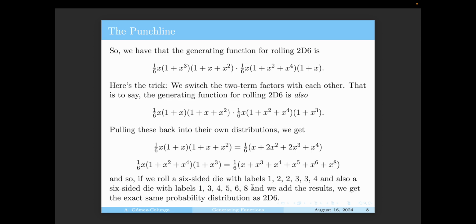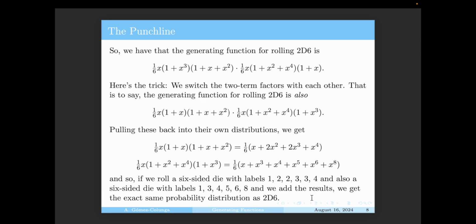And so, here is the punchline I promised. If we roll a 6-sided die with labels 1, 2, 2, 3, 3, 4, and also a 6-sided die with labels 1, 3, 4, 5, 6, 8, and we add the results, we get the exact same probability distribution as 2d6, as just rolling 2 regular 6-sided dice.